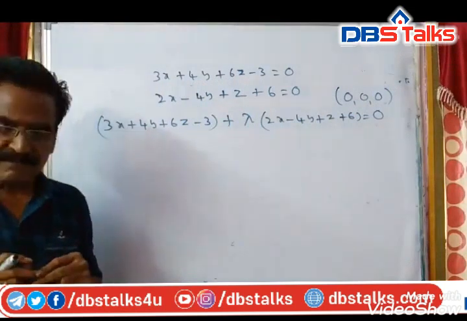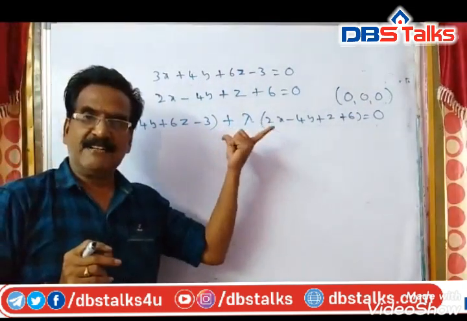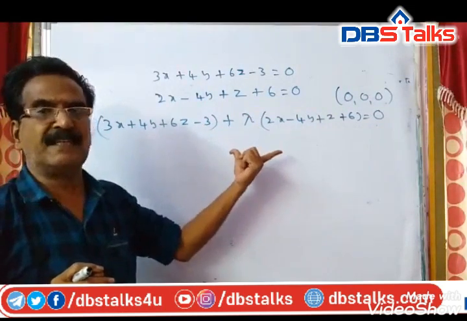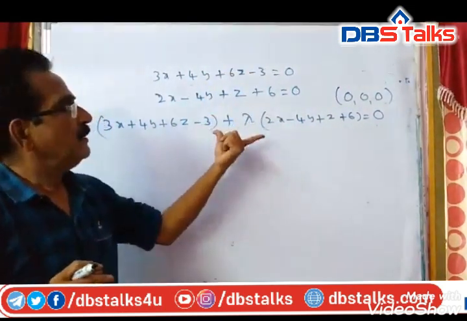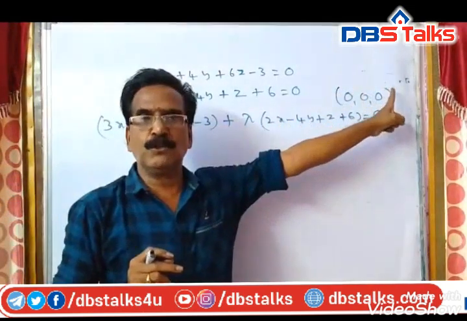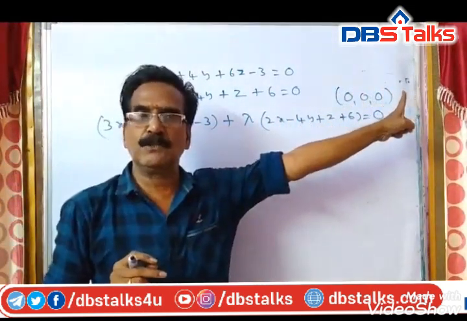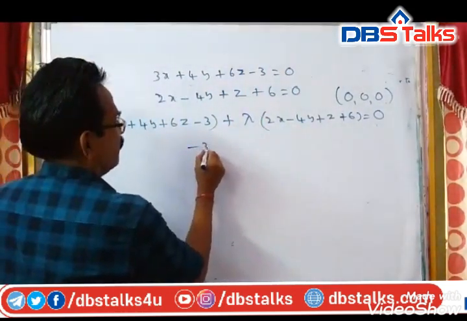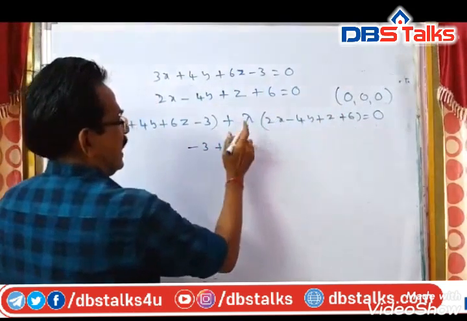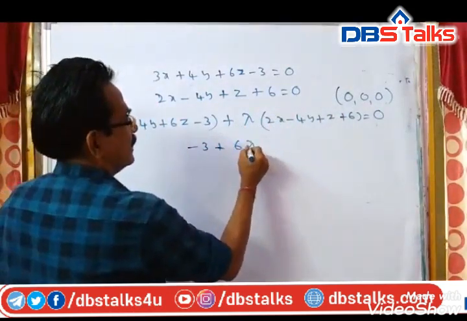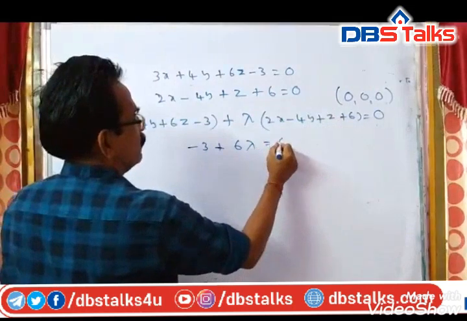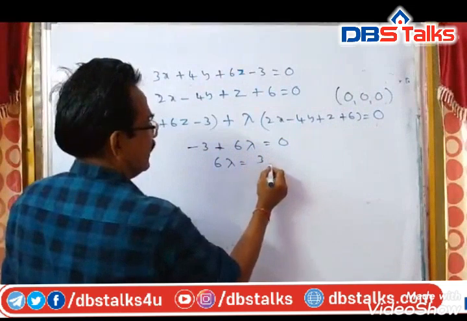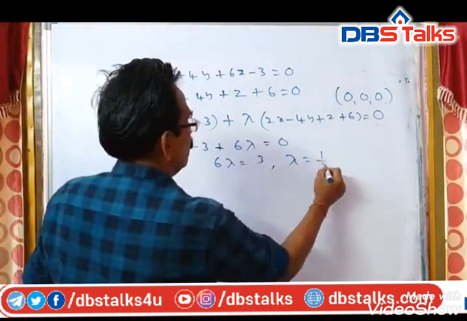Here friends, this is the required plane. This plane is passing through 0, 0, 0. So these are zeros. Minus 3 plus 6 lambda is equal to 0. 6 lambda is equal to 3. Lambda is equal to 1 by 2.